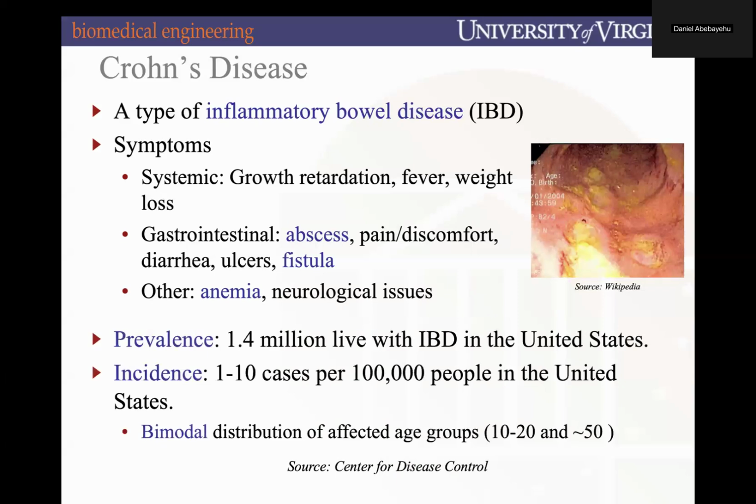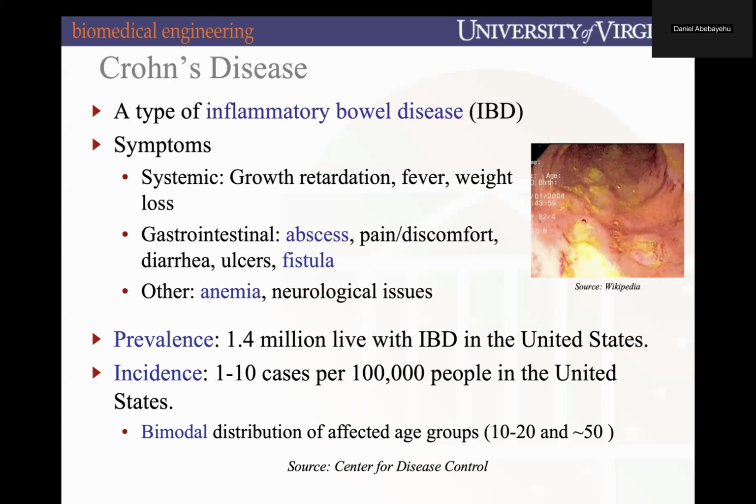The prevalence. So there's currently about 1.5 million people that live with IBD in the United States. And so again, because it's IBD, it's both ulcerative colitis and Crohn's disease. When it comes to the prevalence, this is a little outdated, but currently it's about 1 to 10 cases per 100,000 people. And that's actually on the rise over the course of the last 5 years. So there's still efforts to understand the etiology of the disease to figure out why that is the case.